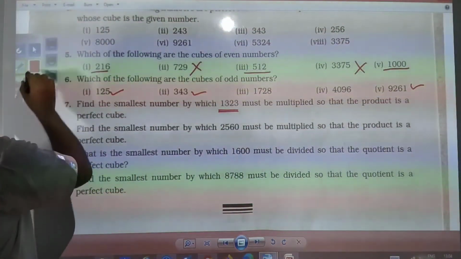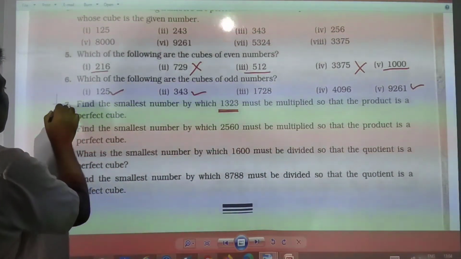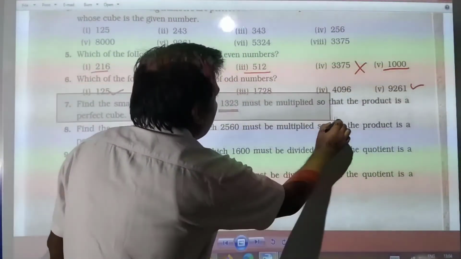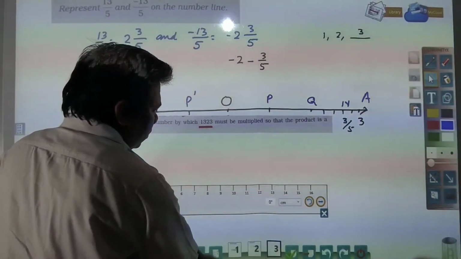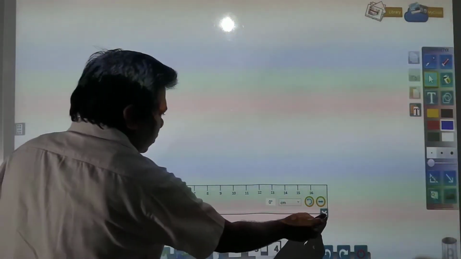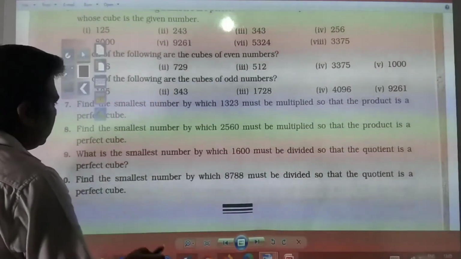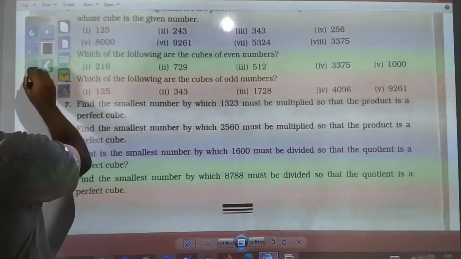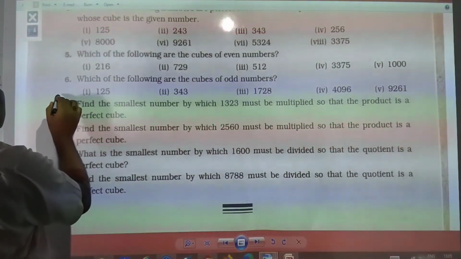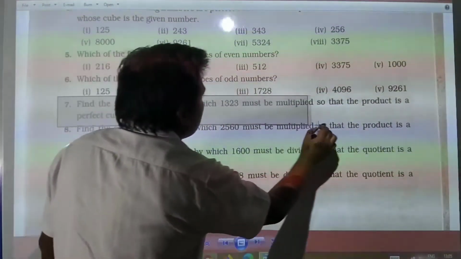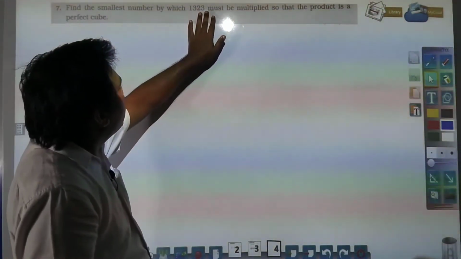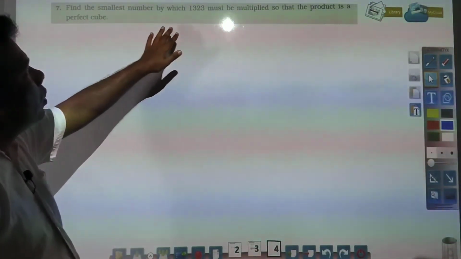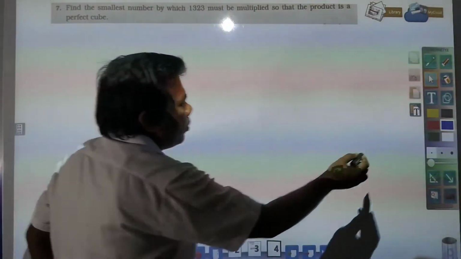So let's see. Here you see, find the smallest number by which 1323 must be multiplied so that the product is a perfect cube.